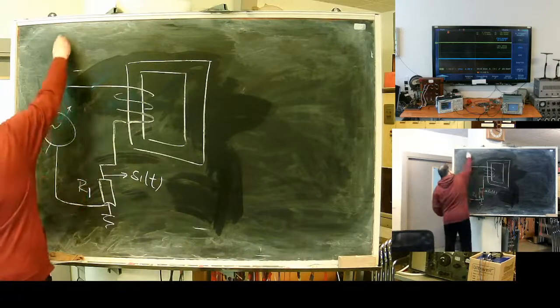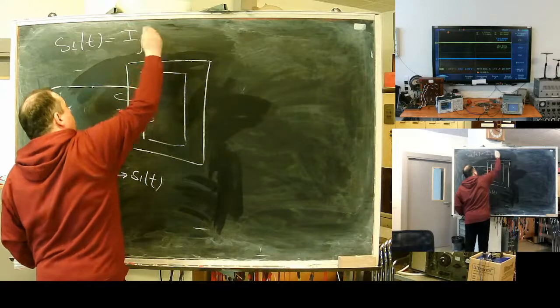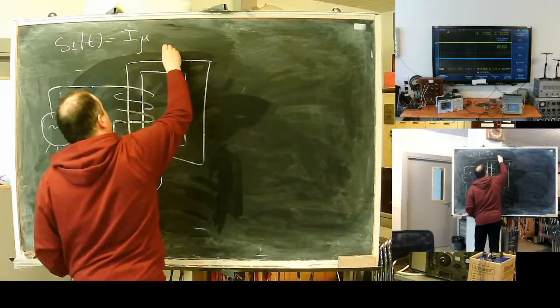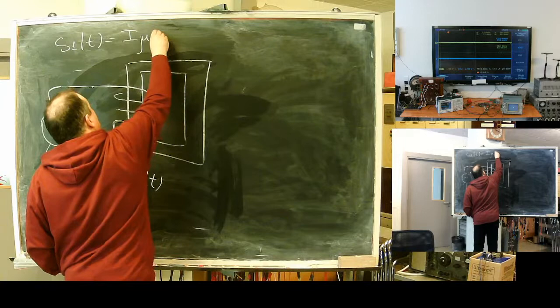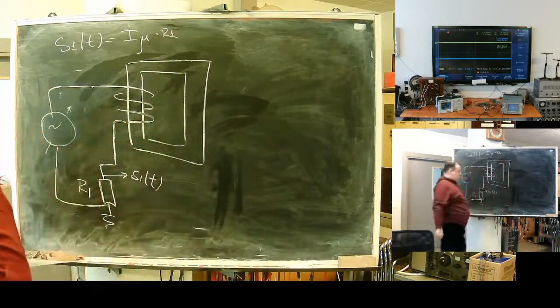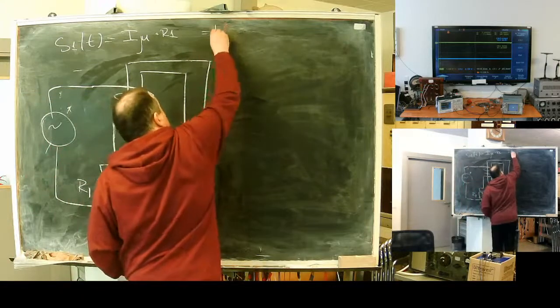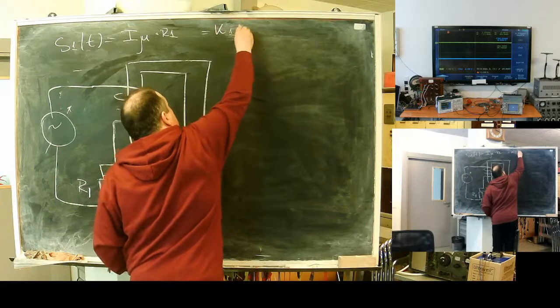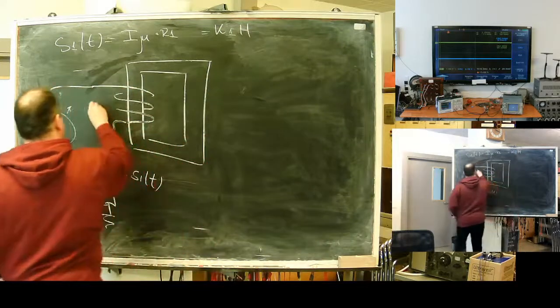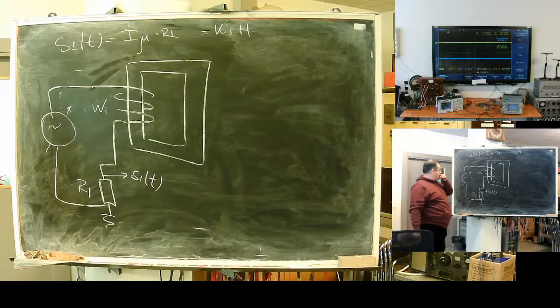So S1 is magnetizing current multiplied by F1, or something like K1, because we also know the number of turns at the primary winding.